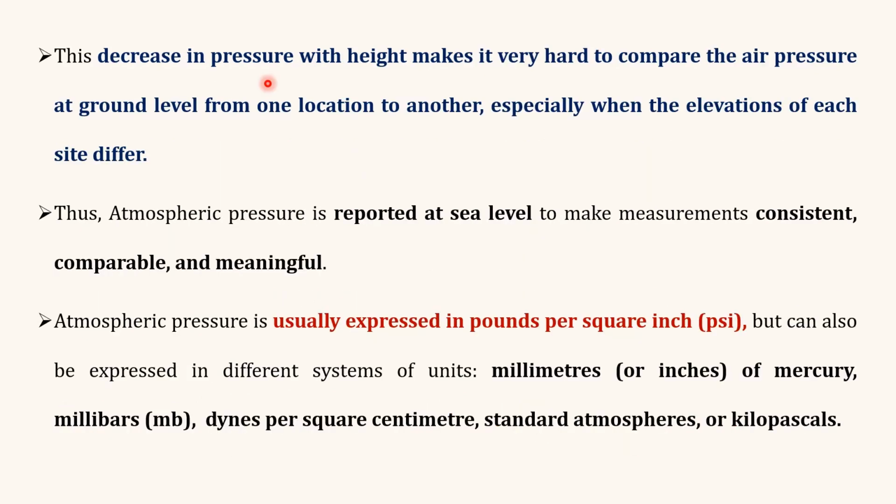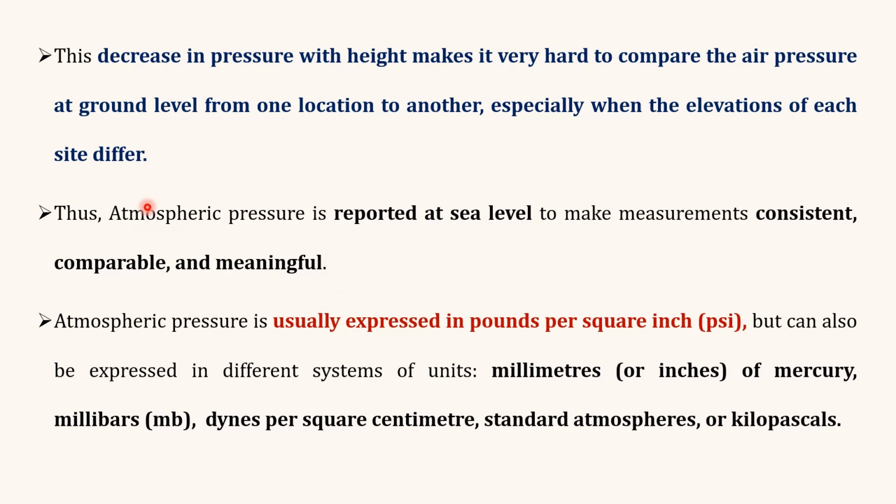As atmospheric pressure varies with height, it is difficult to compare the air pressure at ground level from one location to another, especially when the elevations of each site differ. Thus, atmospheric pressure is reported at sea level to make the measurements consistent, comparable, and meaningful.